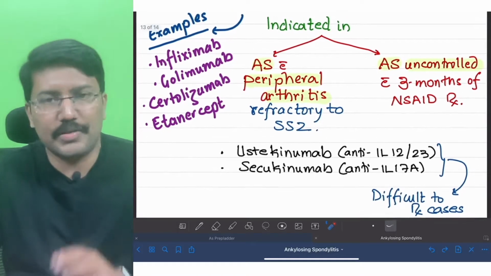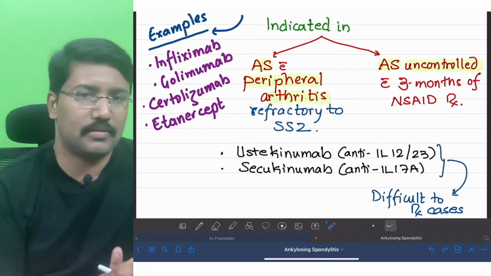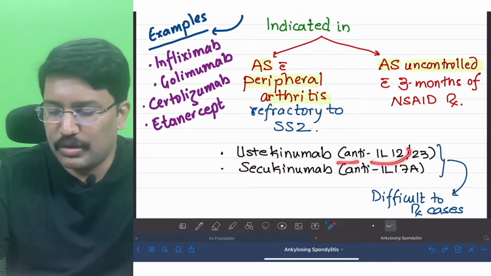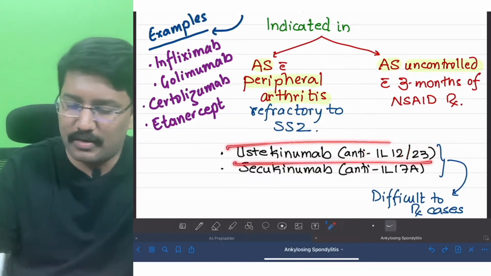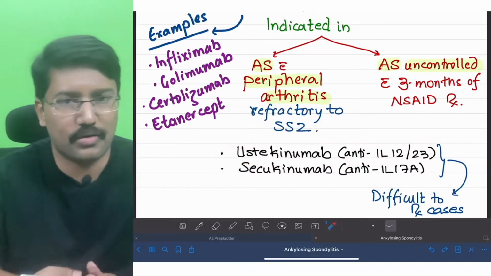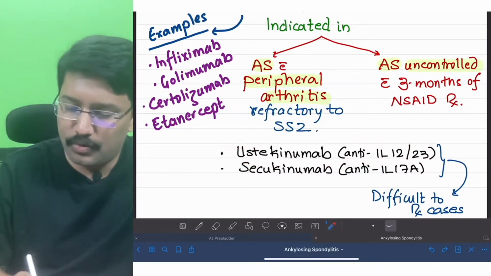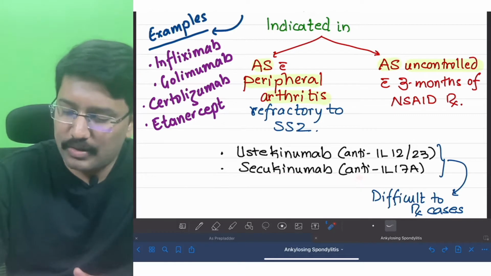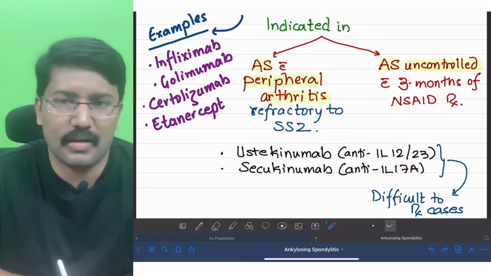Now we have some reserve drugs which are used when the TNF alpha therapy fails. Those include ustekinumab, which is an anti-interleukin 12 and 23 antibody. Remember this because we talk about it in rheumatoid arthritis and various other autoimmune disorders. Then we have one more newer monoclonal antibody, secukinumab, which is an anti-interleukin 17A antibody.